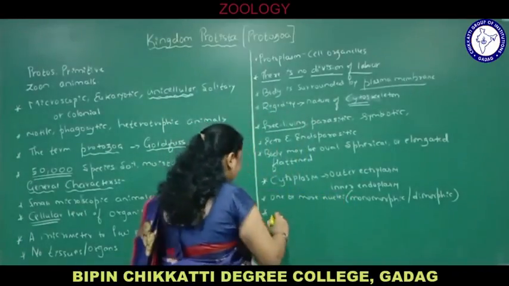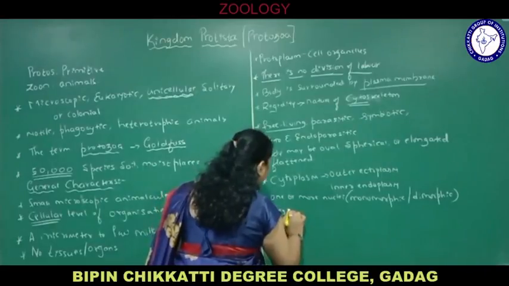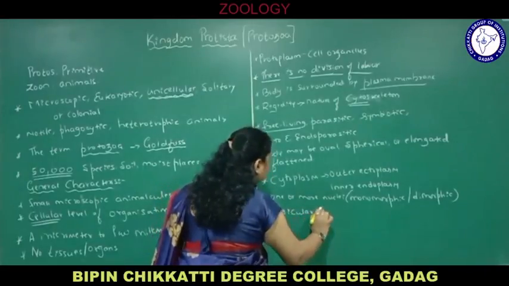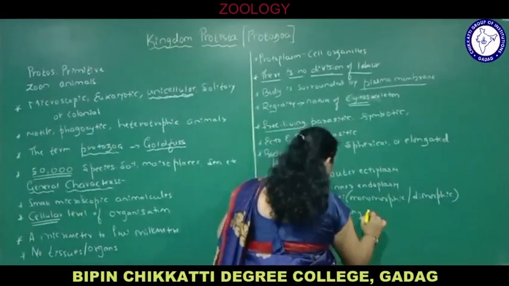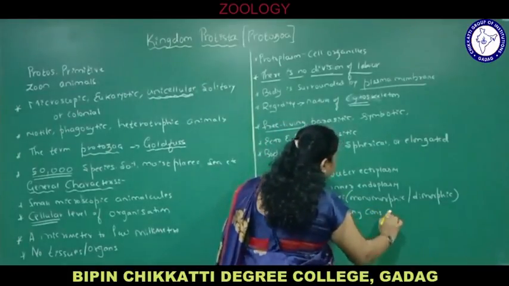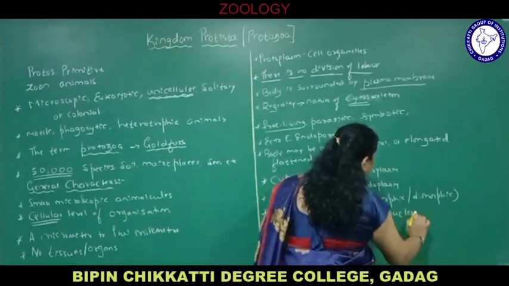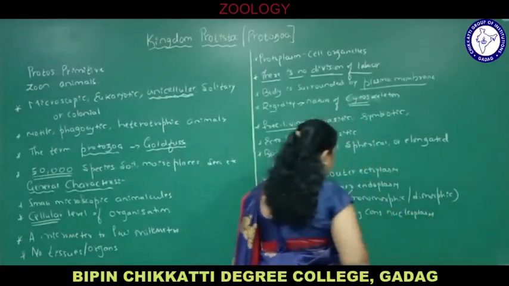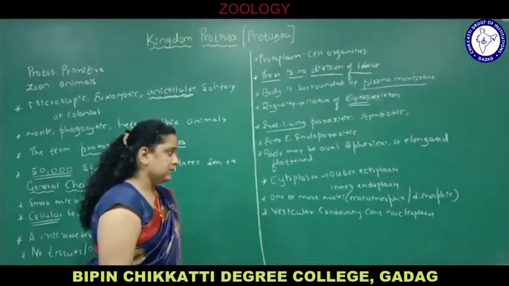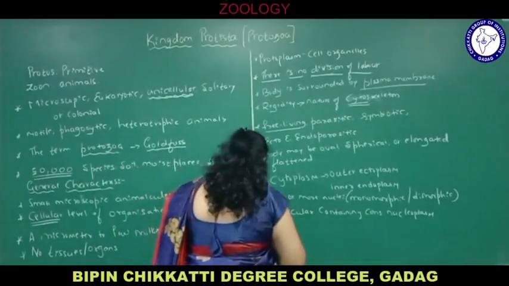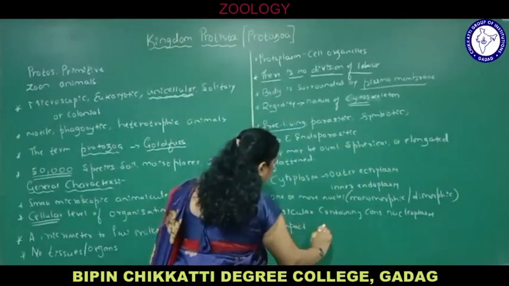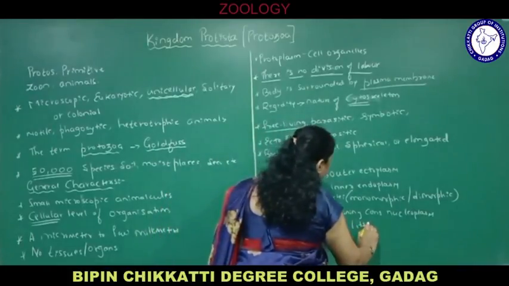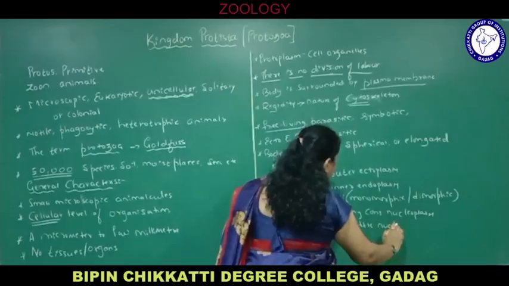One is vesicular, containing considerable nucleoplasm. The second one is compact, containing very little nucleoplasm.